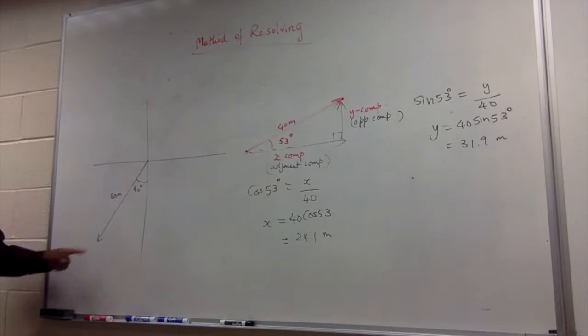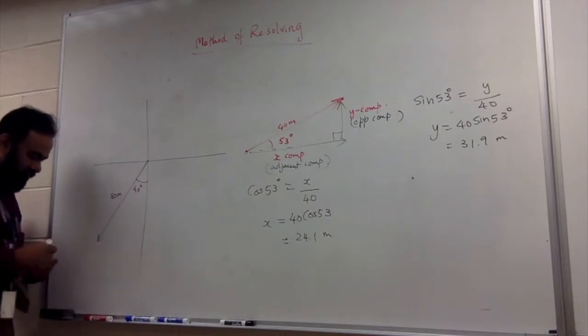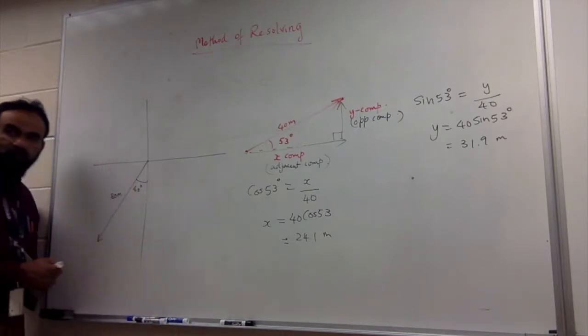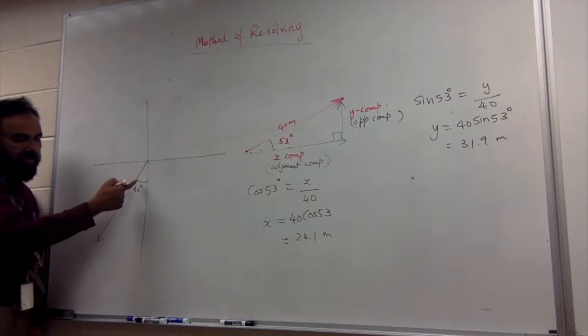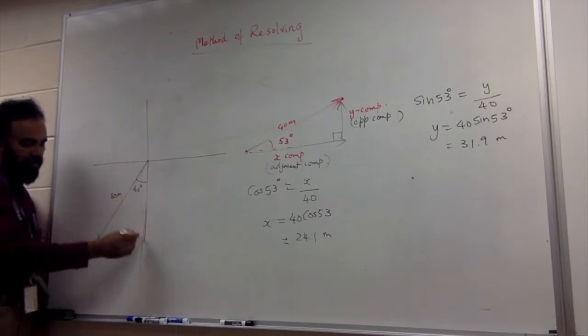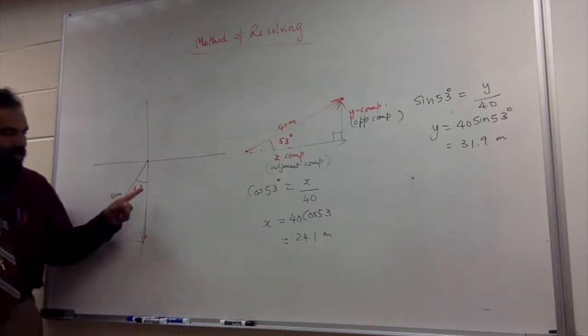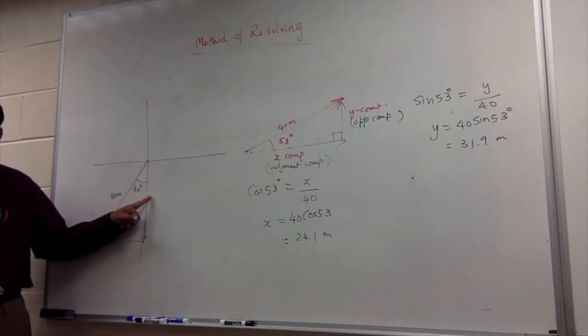In order to go from here to here, or instead of going from here to here, we can go there by two ways, right? Which are the two ways? Always try to go along the angle first, so that you have reference. So you go this way, and then you go this way.